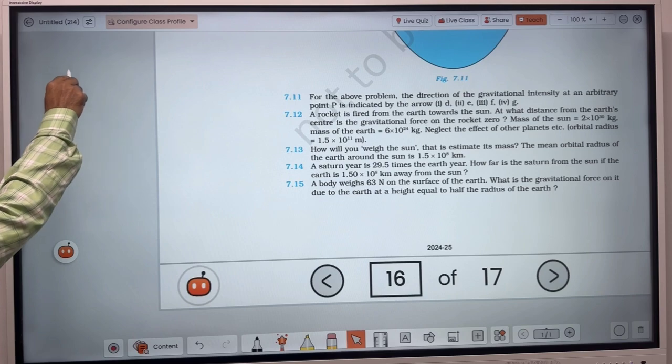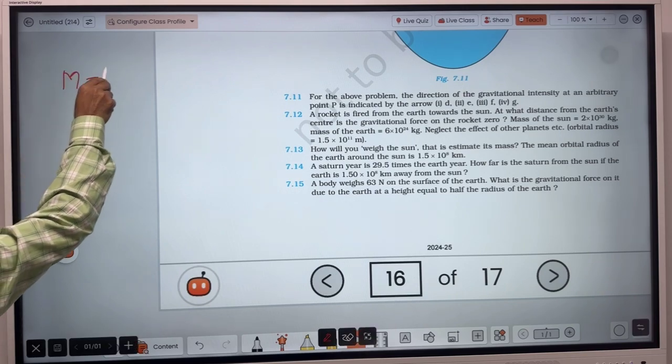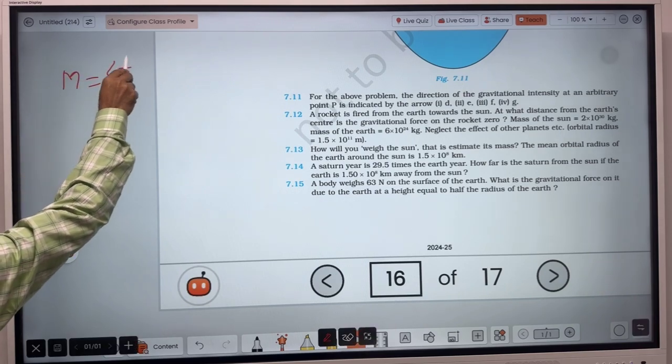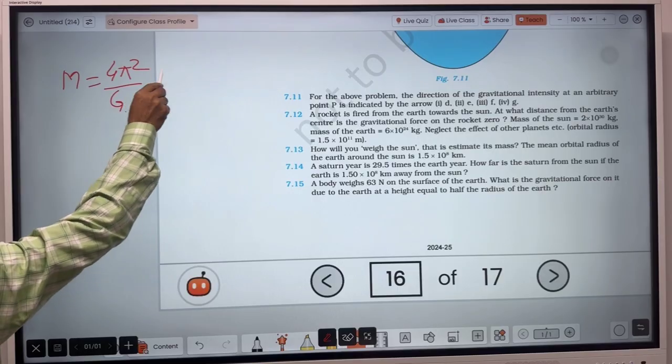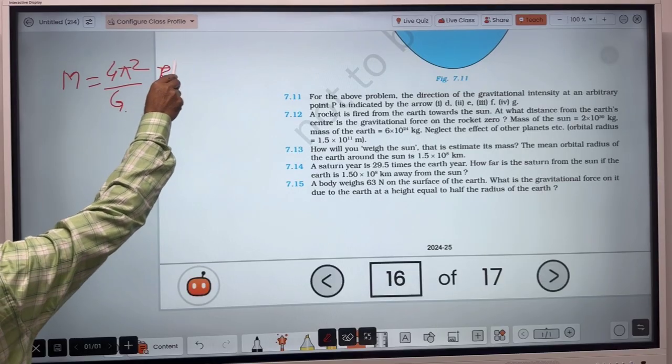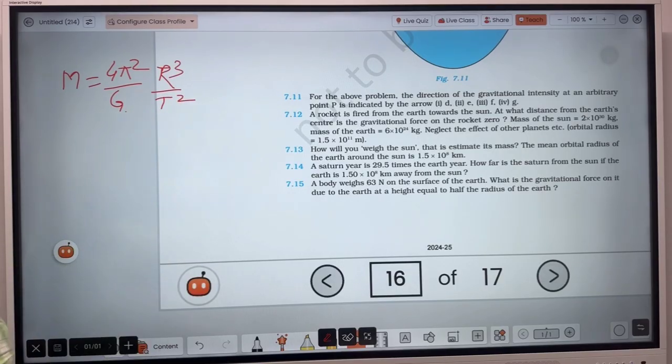So writing the formula once again, M equal to 4 pi square divided by capital G, then R cube divided by T square. Here we have sufficient information to evaluate.